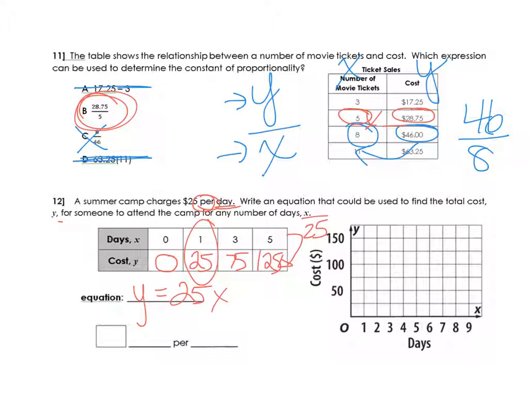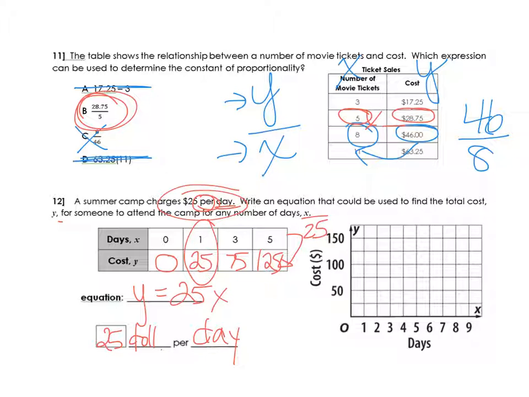And my unit rate or rate of change should be this phrase right here. So all you had to do was know that that was the rate of change. So $25 per day. And then last, you needed to graph that information on the table.